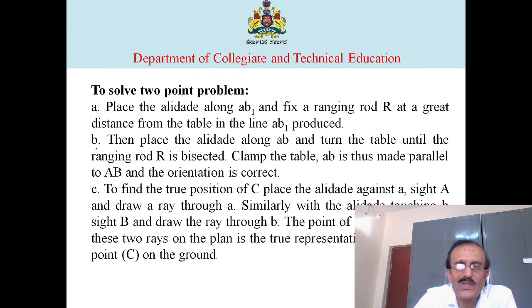To find the true position of c, place the alidade against a, sight A and draw a ray through a. Similarly, with the alidade touching b, sight the ground station B and draw a ray through b. The point of intersection c on the plan is the true representation of the station point C on the ground.